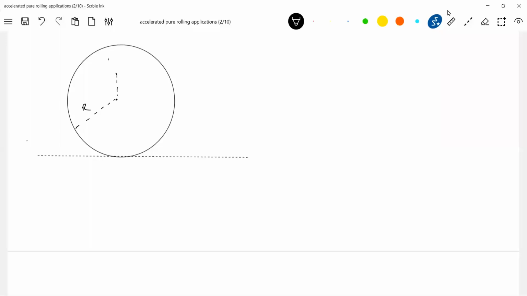I'm going to apply a force above the center of mass. Let me call this a threshold point E, and also some point A. When I'm applying this force above the center of mass here, this is the center of mass and this is a point P which we are taking help of. And the surface is rough.